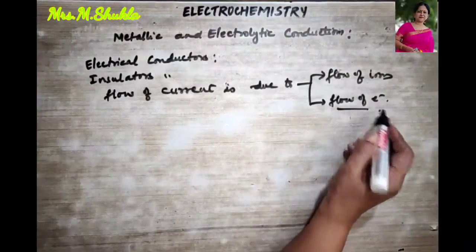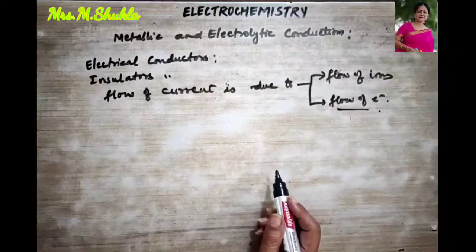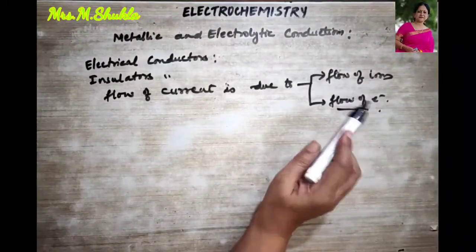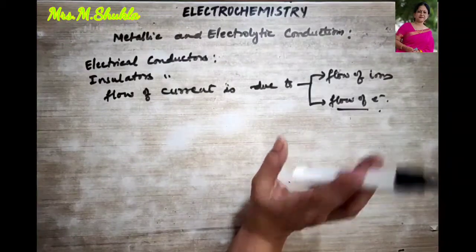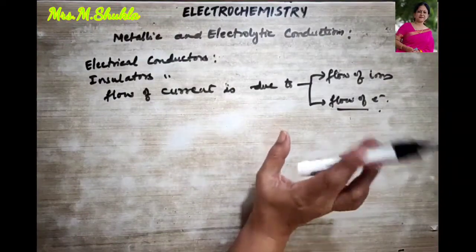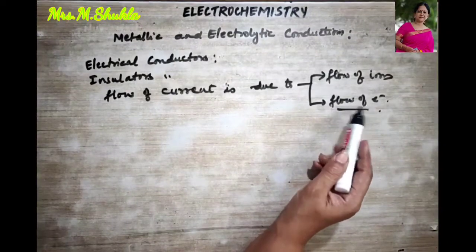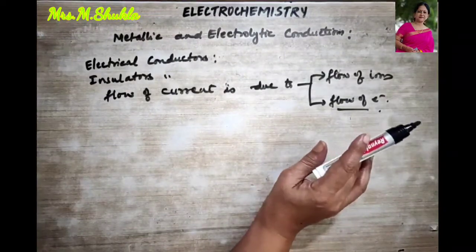So let us understand first the flow of electrons. Such substances are called metallic conductors, and the phenomenon is termed metallic conduction, which allows current to pass through them due to the flow of electrons, right?